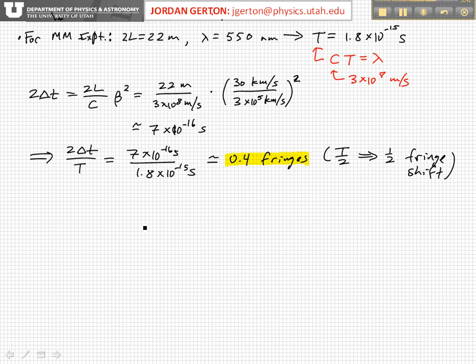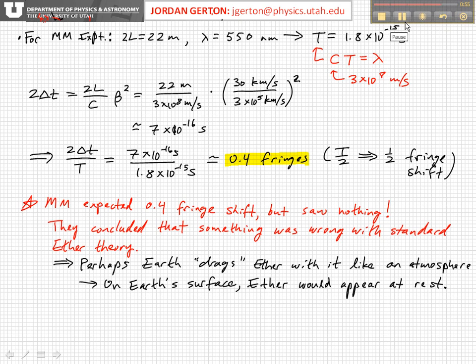So their result was completely inconsistent with what they were expecting if the velocity of the Earth through the ether was 30 kilometers per second, that is, if the ether was stationary with respect to the Sun and the Earth was moving through it at its normal orbital velocity. So Michelson and Morley concluded from this experiment that something was wrong with the standard ether theory.